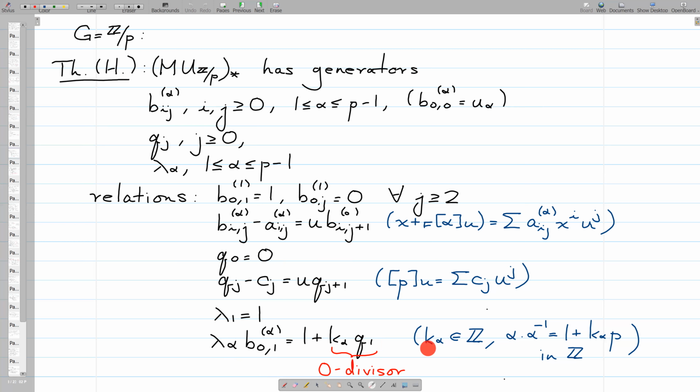So K alpha is an integer. You actually have some choices, but a canonical choice is that you take alpha inverse in Z mod P and think of it in Z, then alpha times alpha inverse is 1 plus a multiple of P if you're looking at things in Z, and you can take that as your K alpha.